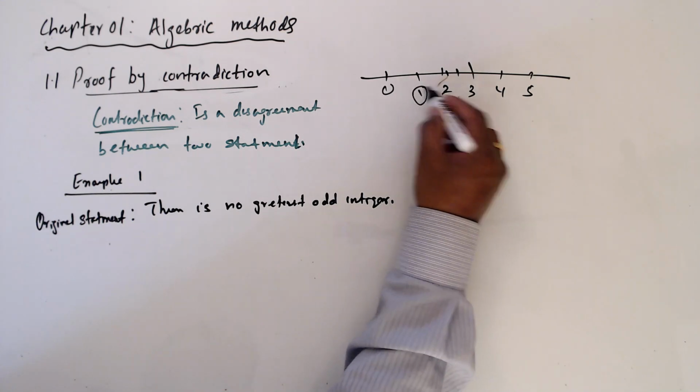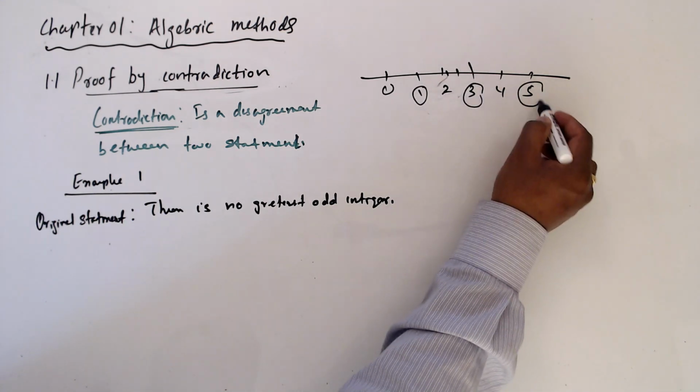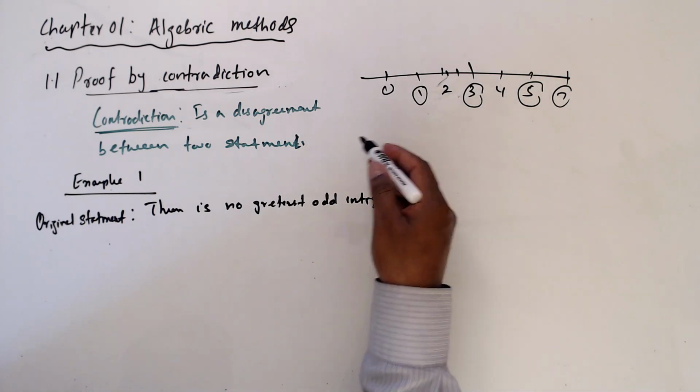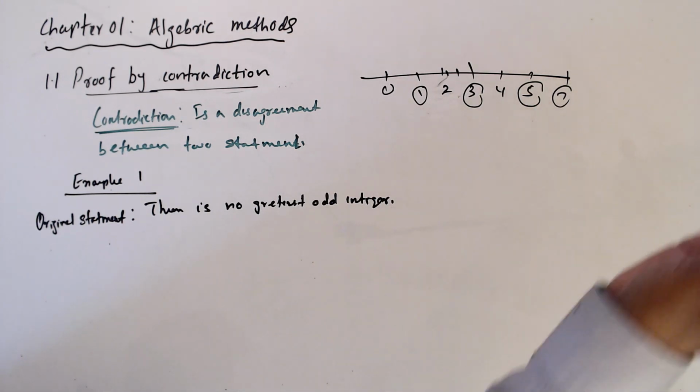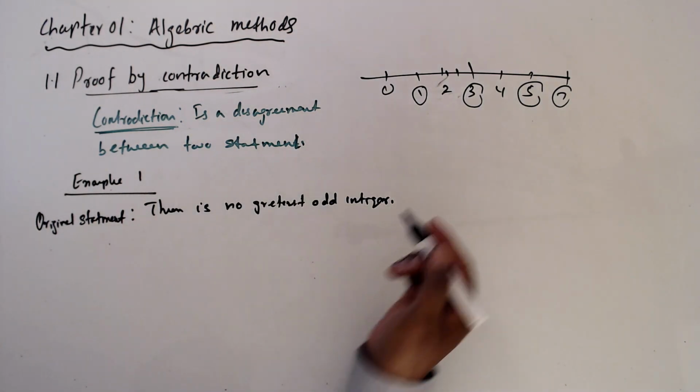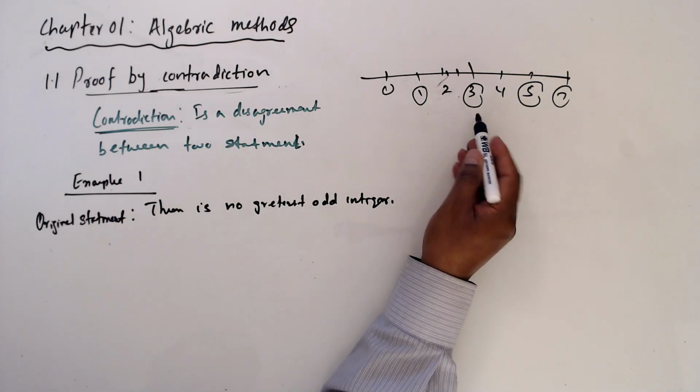Those are odd integers, 1, 3, 5, then 7. Likewise, we can write odd numbers up to infinity. That means there are an infinite number of odd integers.